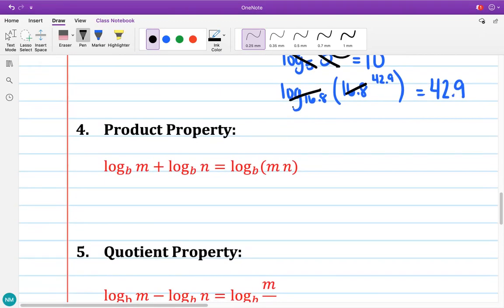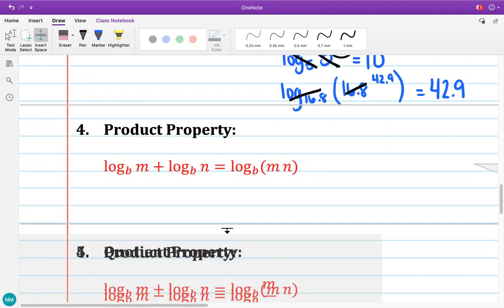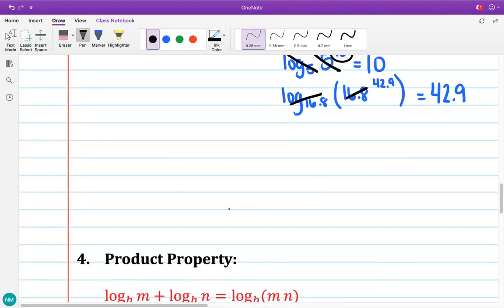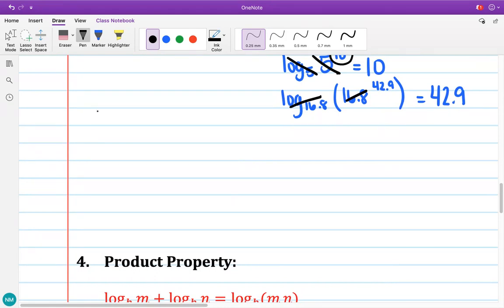Next, the product property. Before we do that, let's review our exponent properties. We spoke about an acronym, MADSEAM. When you multiply exponents, you add them. Or when you multiply powers, you add the exponents.